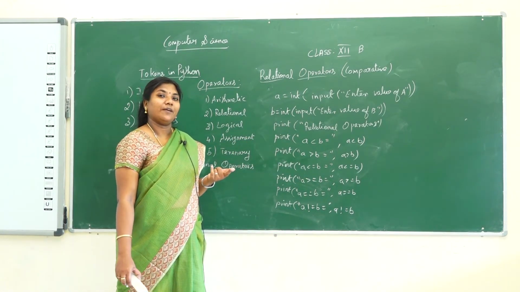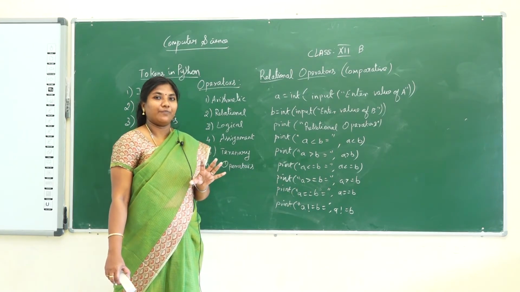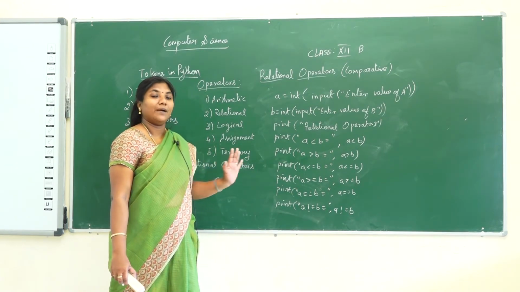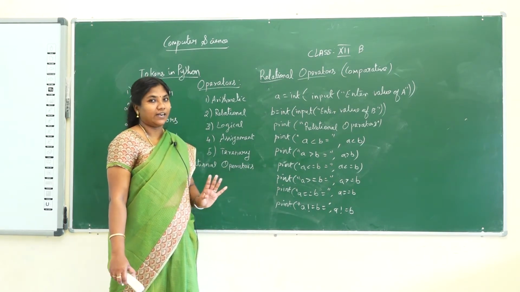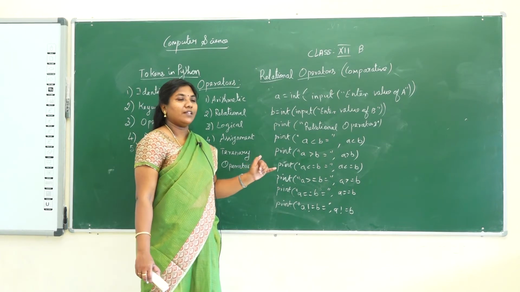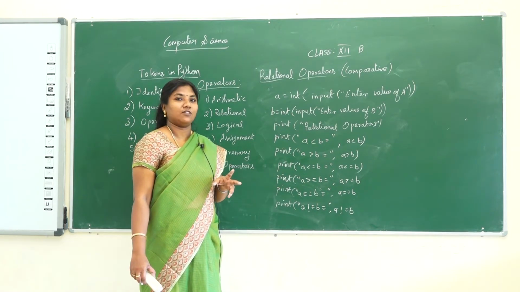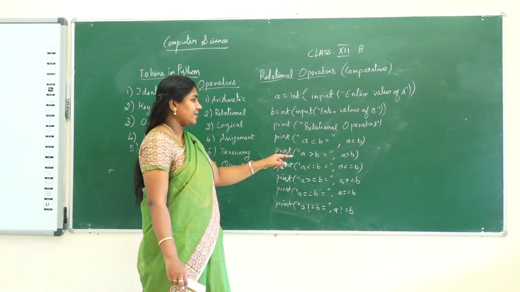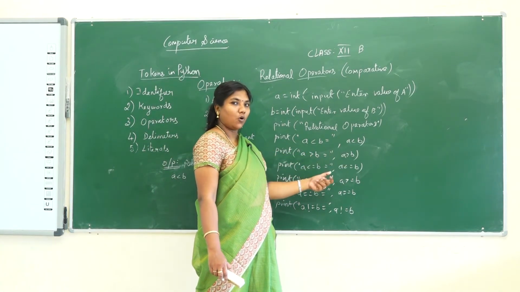In arithmetic operators, we write A plus B, we have the value of A and the value of B, it will just add and give the value. But here we are going to check only whether it is less than, greater than, less than or equal to, or greater than or equal to. So what will be the output? It will be given in true or false. If A less than B, we are checking a condition, so it will give the answer in either true or false.